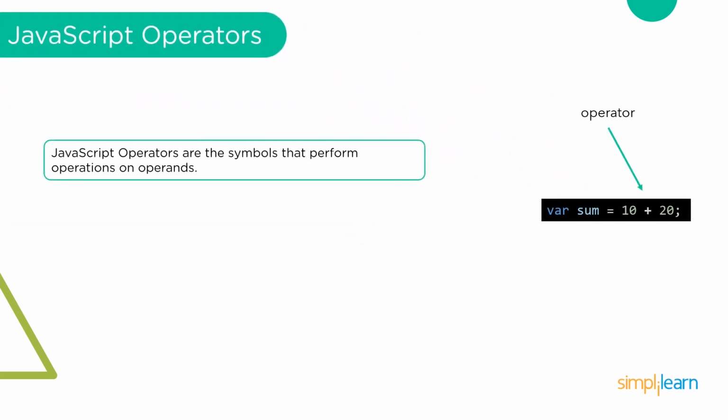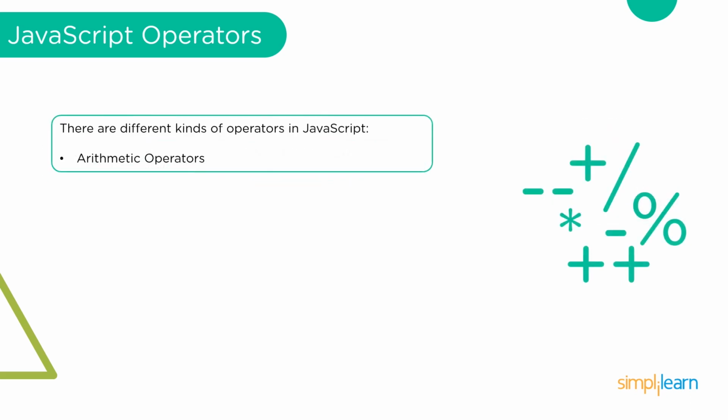You can see this is a plus operator, where you can use the symbol and perform operations on operands. Different types of arithmetic operators are available, like plus, minus, modulus (percentage), plus plus, minus minus. Multiple types of operators are available here.